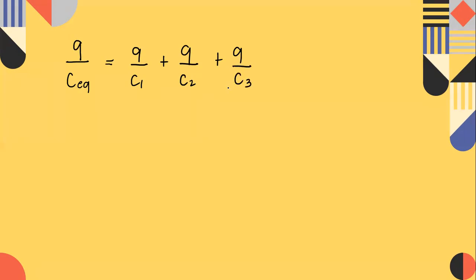And dividing out by Q, we can say that 1 over C equivalent is equal to 1 over C1 plus 1 over C2 plus 1 over C3.